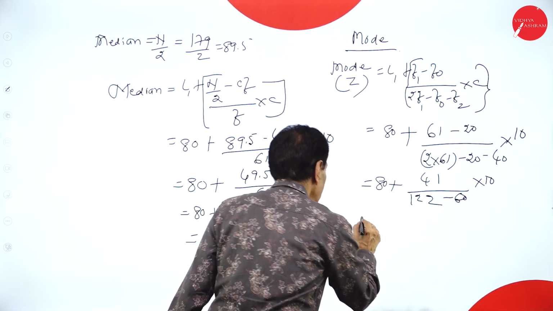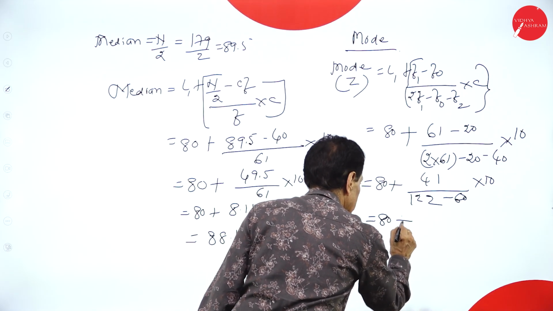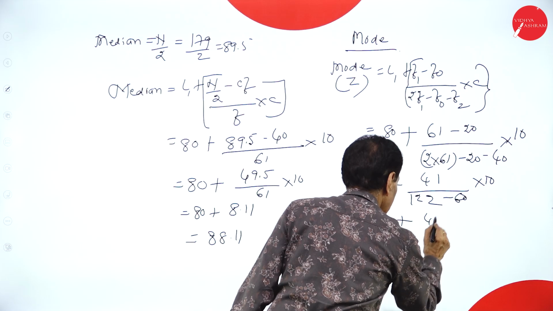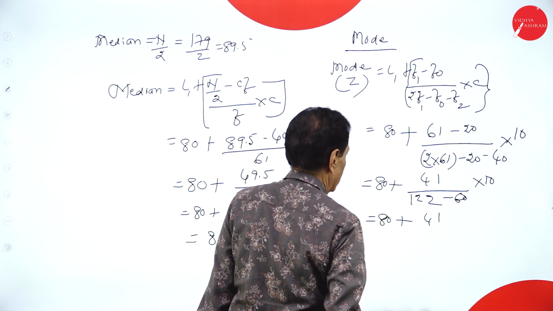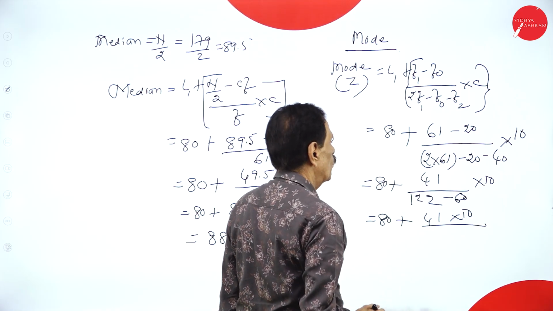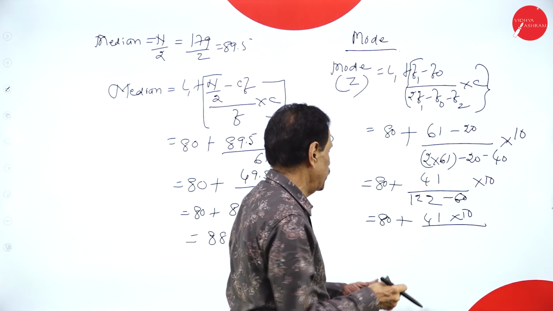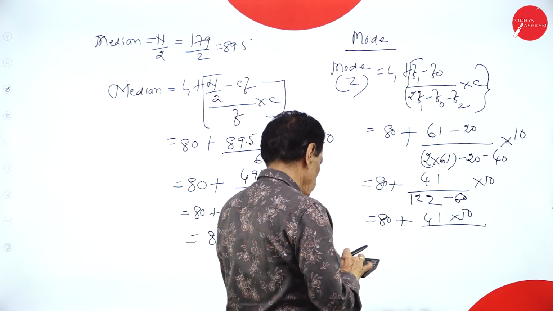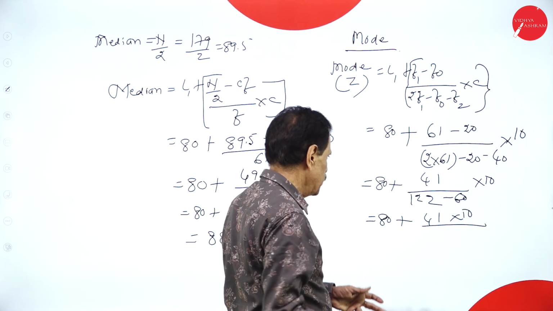This is 80 plus 41 into 10, divided by 122 minus 60. 122 minus 60 is 62.